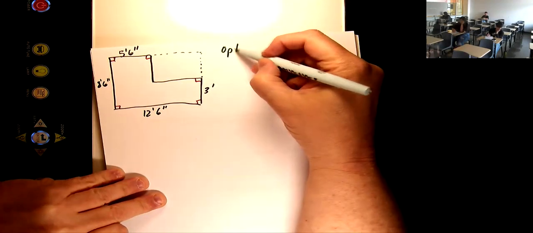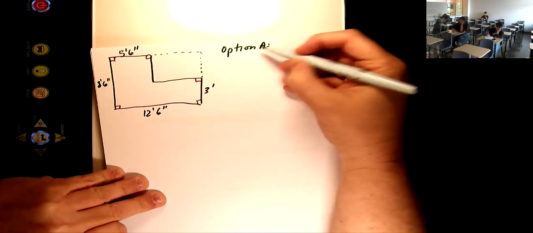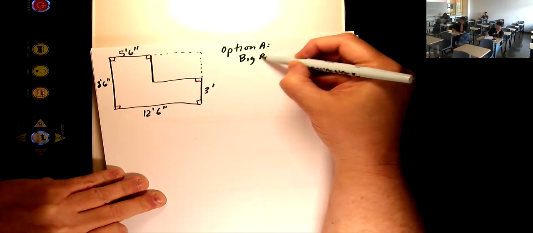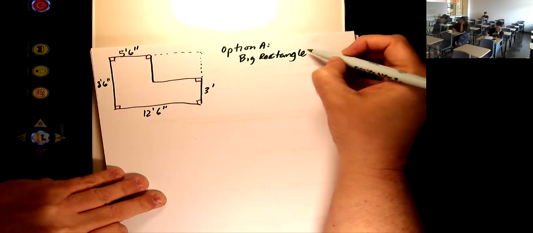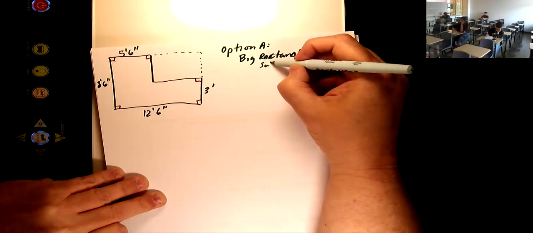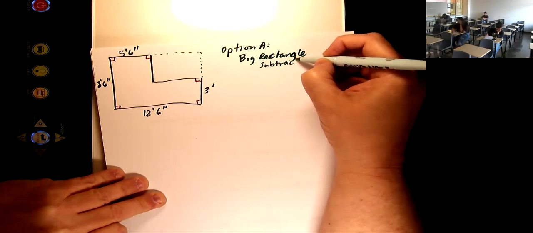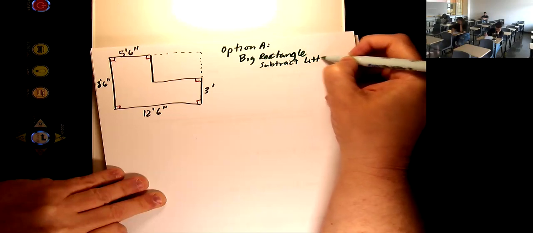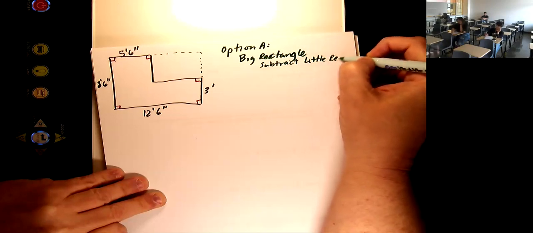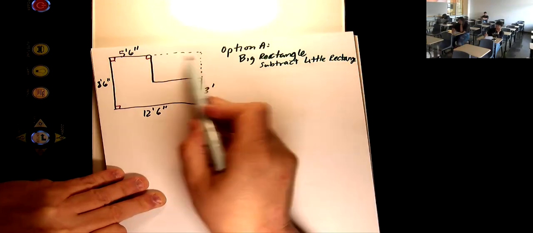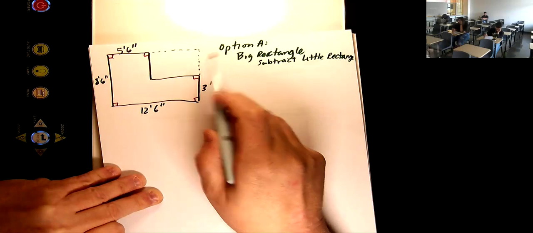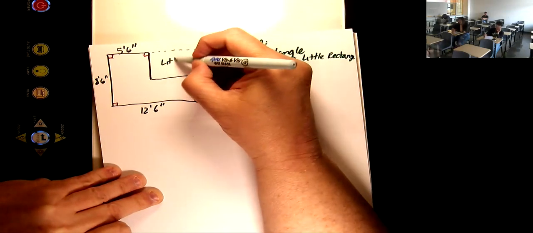Option A. Make a big rectangle and subtract the little rectangle. So the big one's the whole picture. I'm going to call that right there a little rectangle.